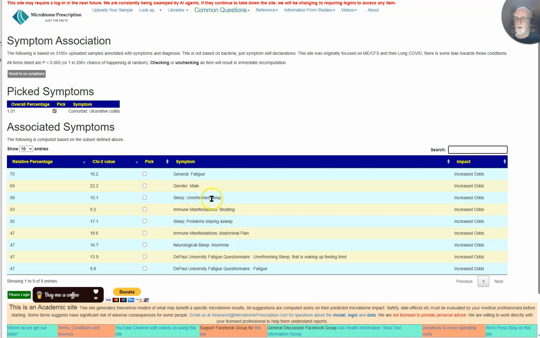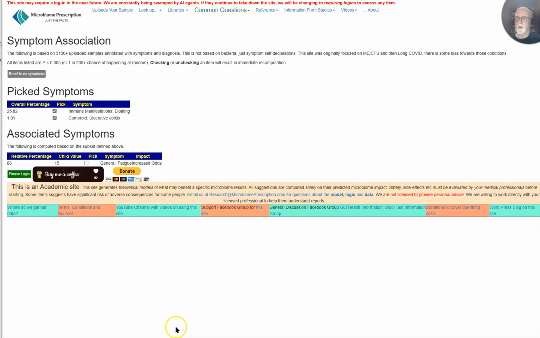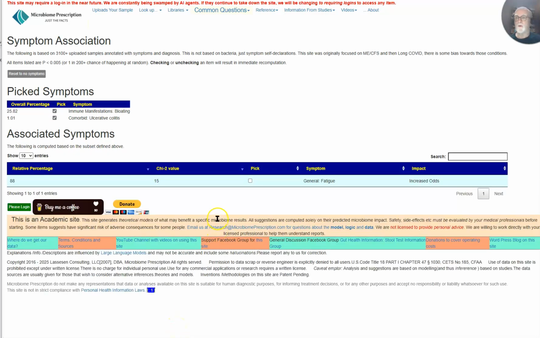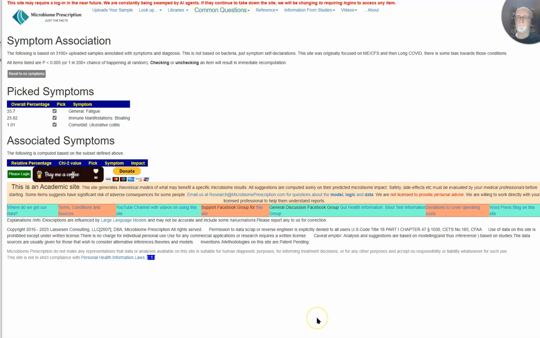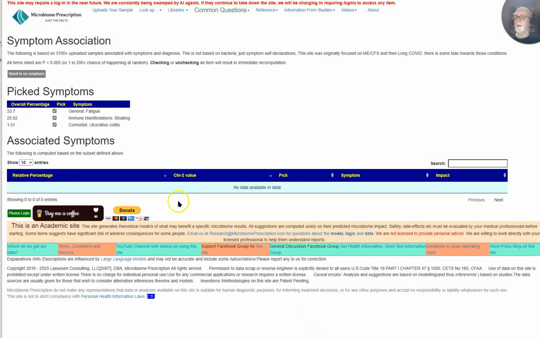Chances to have unrefreshed sleep, bloating, problems staying asleep, and general fatigue. So we end up literally drilling down and finding out, compared to people who have all of these symptoms, what other symptoms show up with a higher statistical significance.